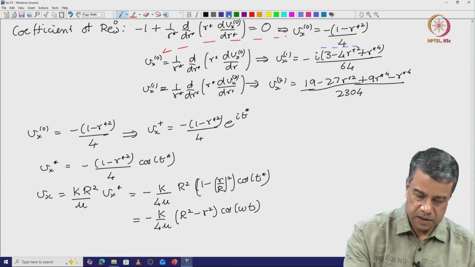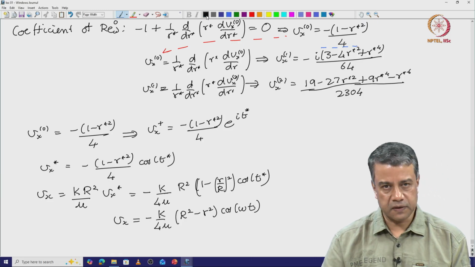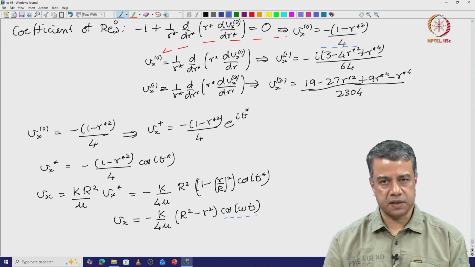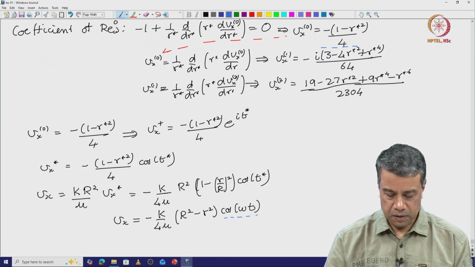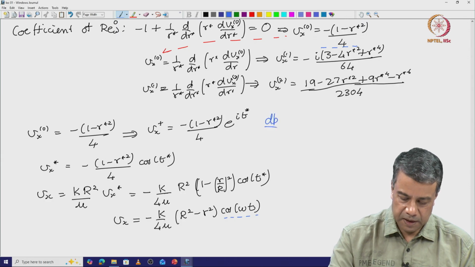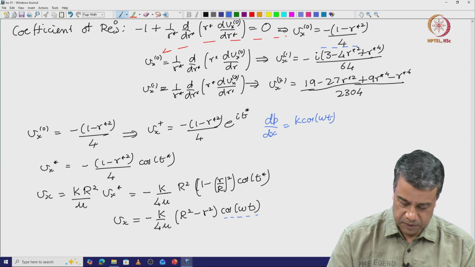So, this expression for the velocity is of course time dependent because of the presence of this cos t star. But if you realize that dp by dx is equal to k cos of omega t, then I can combine this term with the k here.